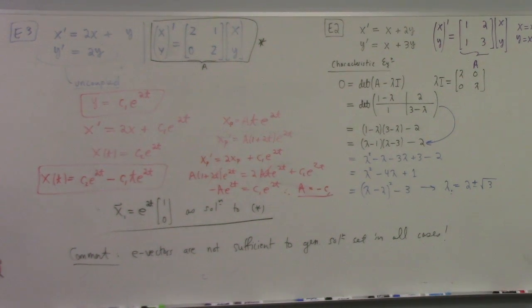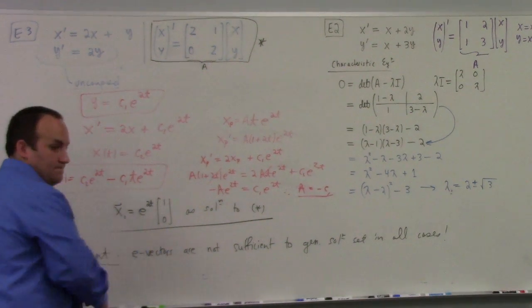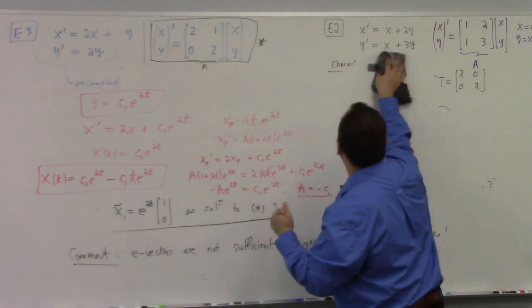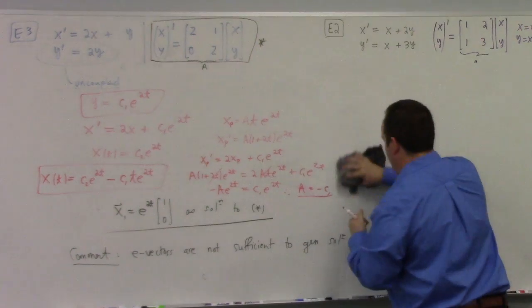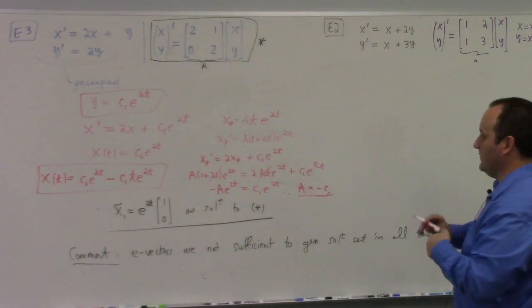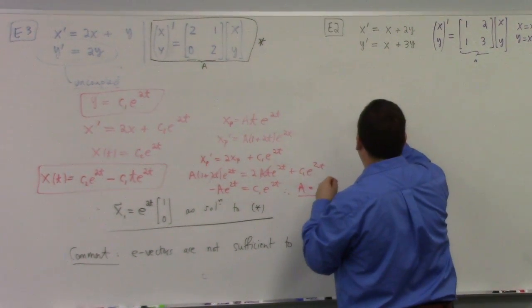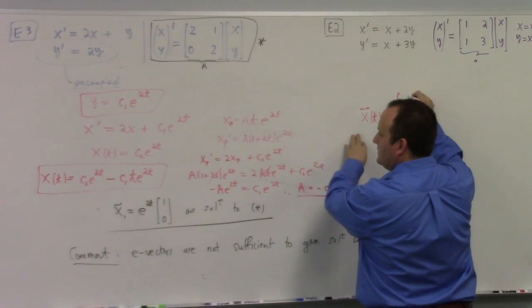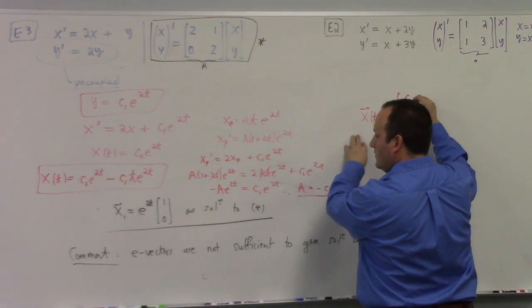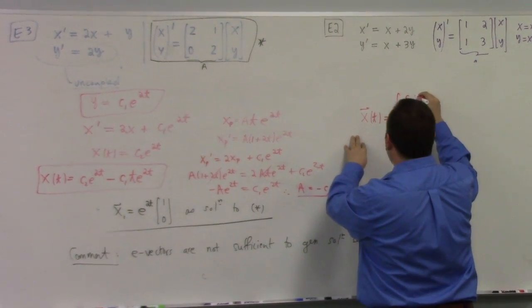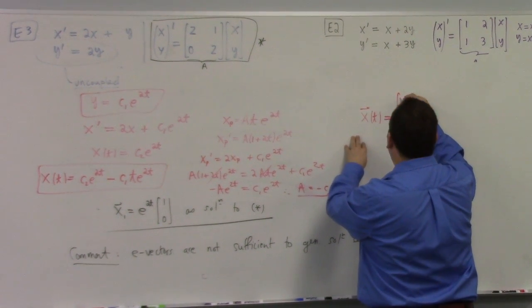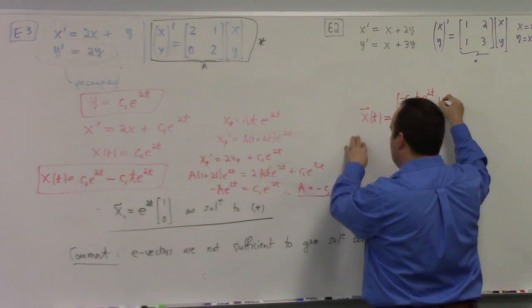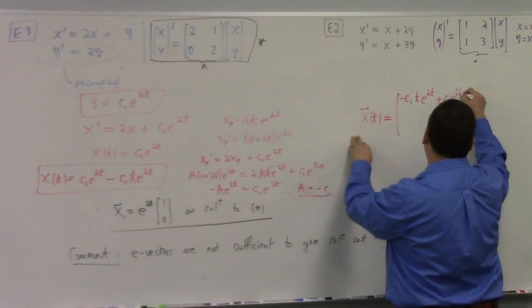And if I rewrite those as a vector solution, it's interesting. This vector solution has the form: c1 minus c1 t e to the 2t plus c2 e to the 2t.